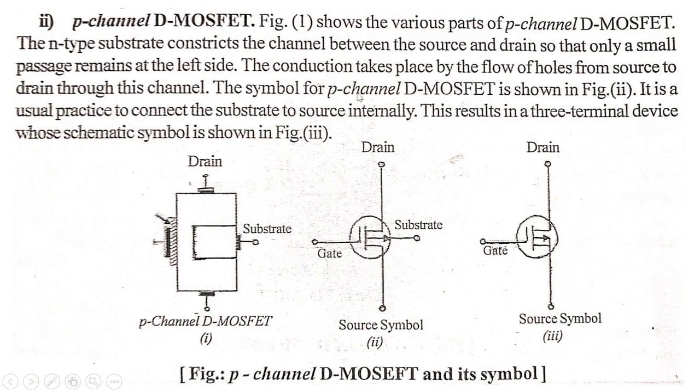The symbol for the P-channel D MOSFET is shown in the second figure. It is a usual practice to connect the substrate to the source internally. This results in a three-terminal device whose schematic symbol is as shown in figure 3.